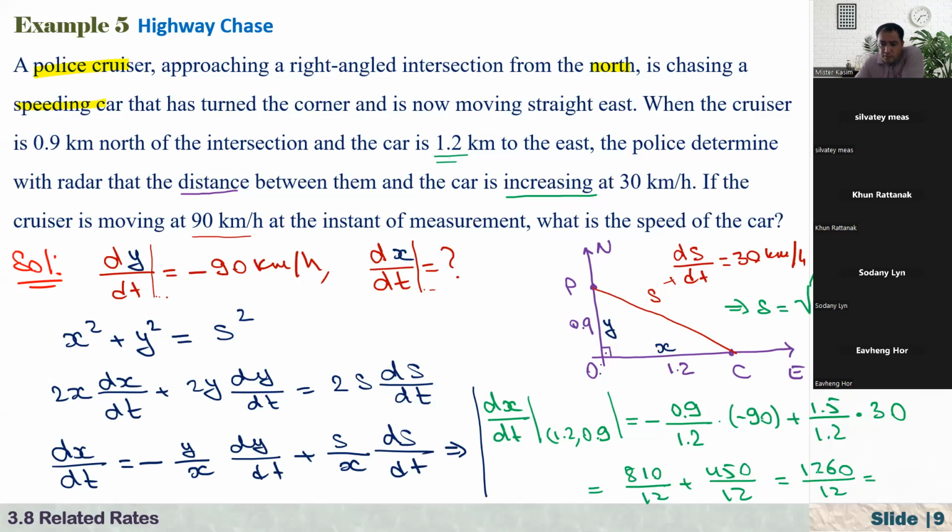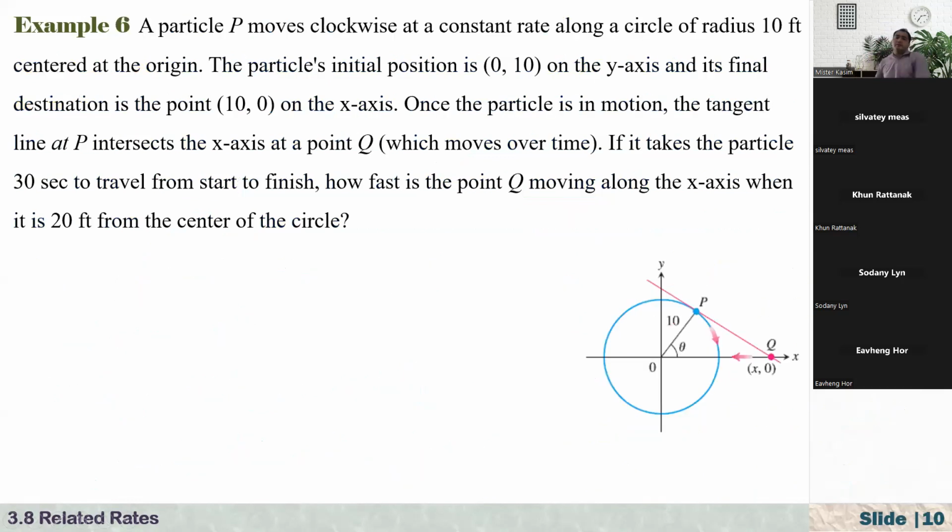That is equal to 105 kilometers per hour. So at that instant, the speed of the car was 105 kilometers per hour. Okay, let's move on. Next question.